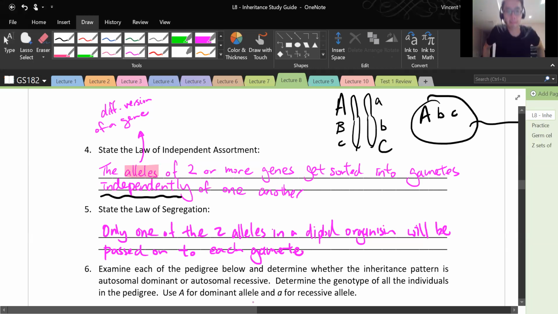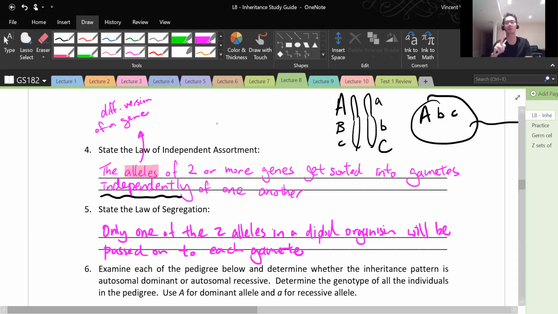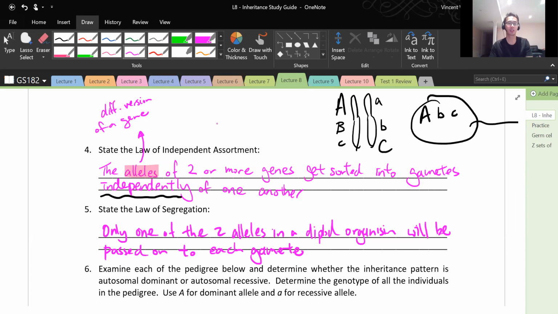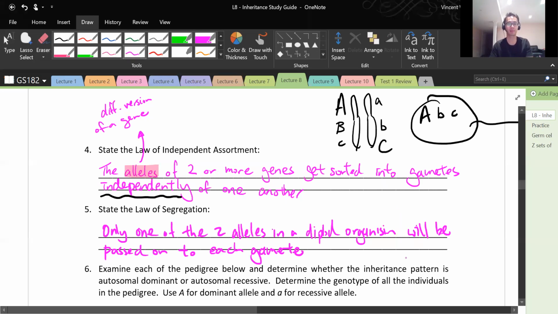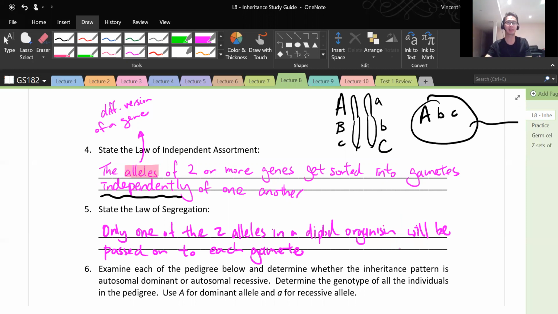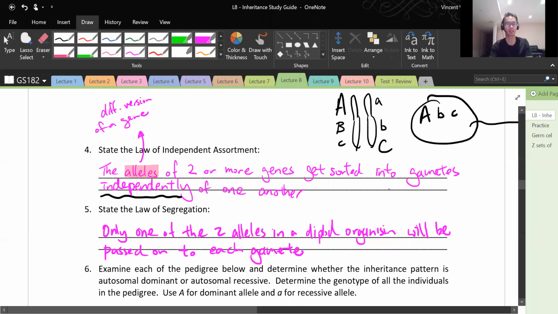So just like I mentioned before, of the 2 chromosome 1s, only one will get passed on to the sperm or egg, which makes sense. If you pass on 2 chromosome 1s, then when that sperm fertilizes another egg, the zygote will have 3 chromosome 1s. That's too much.